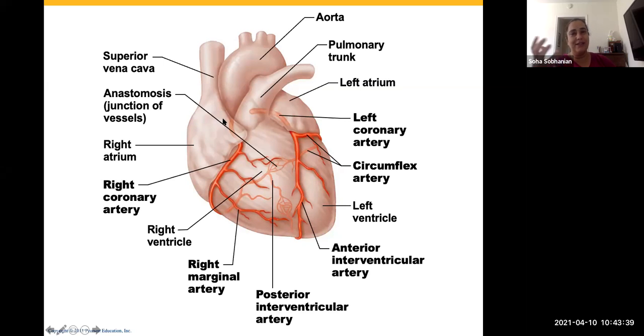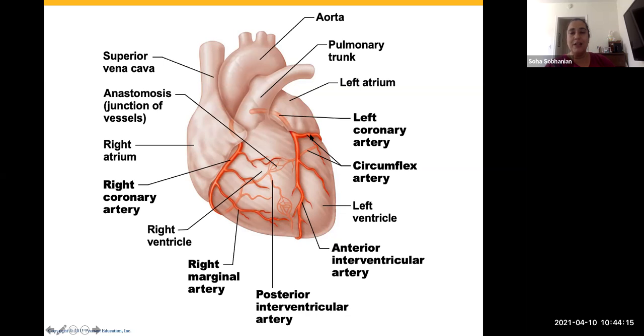Logically, left is going to supply the left side of the heart, right is going to supply the right side of the heart. So the left coronary artery comes down, and right where the atrium and ventricle join each other, it starts to branch. The left coronary artery branches to the one that comes right in front of the heart, called the anterior interventricular artery, because it runs in front of the heart between the two ventricles.